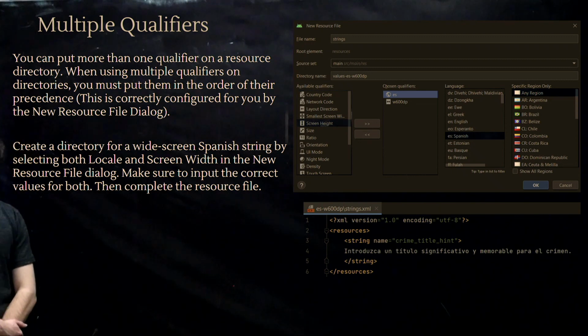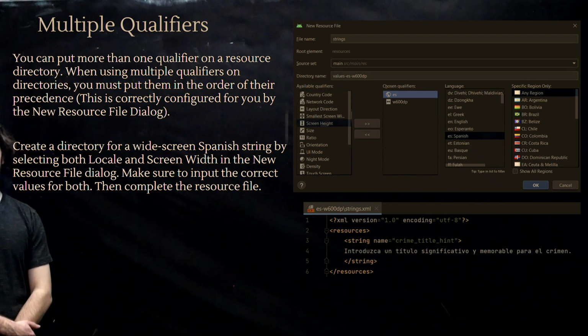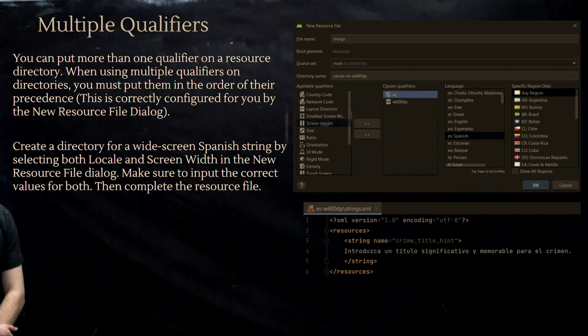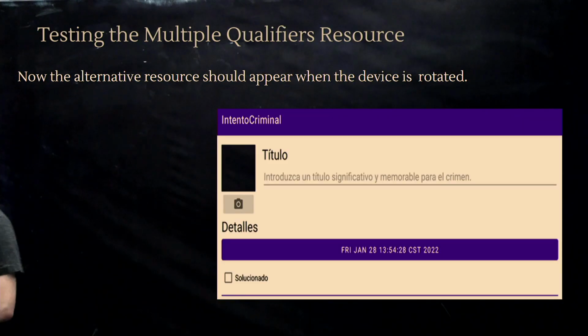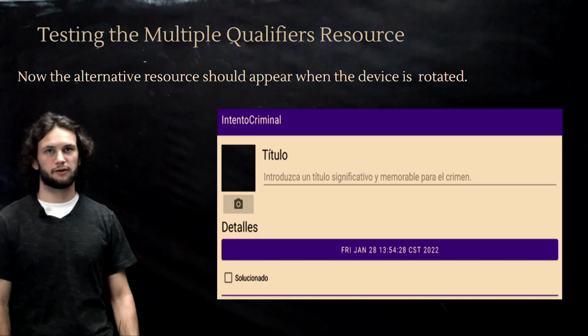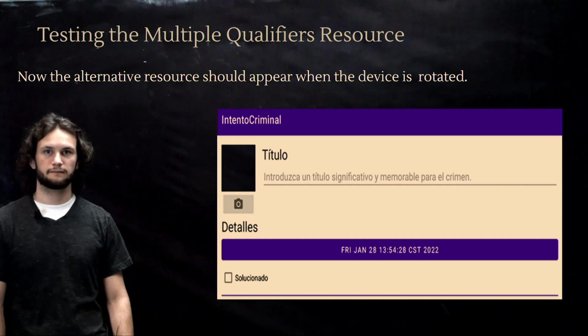Create a directory for a widescreen Spanish string by selecting both locale and screen width in the new resource file dialog. Make sure to input the correct values for both and then create the resource file. If you reload your app, the alternative resource should now appear when the device is rotated.